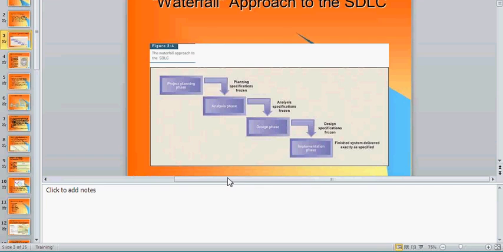So when the planning activities are done, the business should know exactly what their problem areas, project goals and objectives are. And they should be able to, in the requirements phase, tell you exactly what their requirements are, what features they want to have in the software that will help them meet the objective.